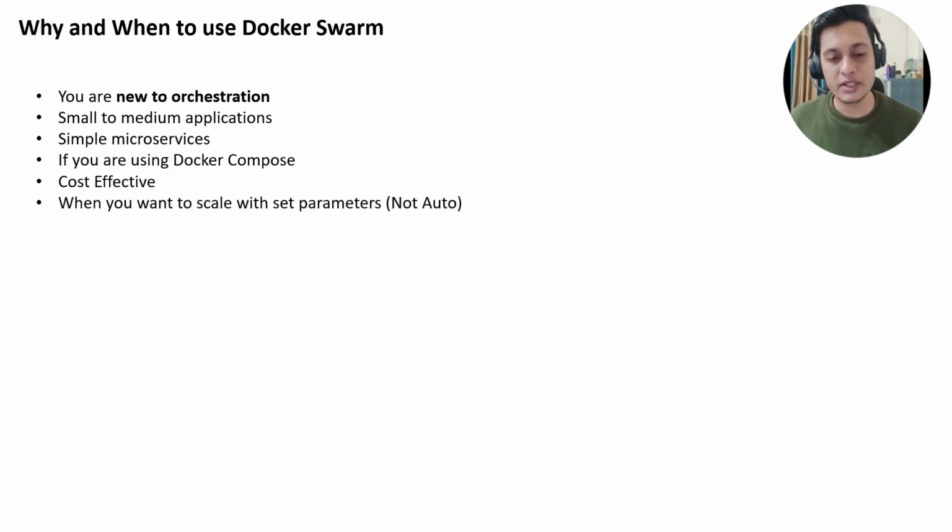When you want to scale with set parameters, not auto. So there are two things. First of all, Docker Swarm does not automatically scale your application, but you can scale it with a third-party tool like Prometheus or other tools which monitor your application. When you integrate it with Prometheus or another monitoring tool, it will collect all the resource metrics from your node, and after collecting that data, it will check whether some certain condition passed or not.